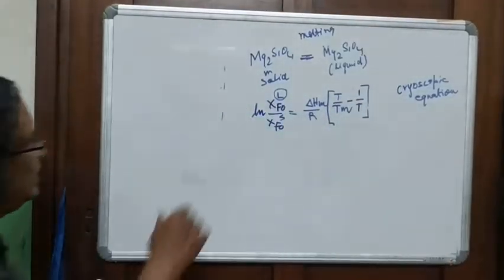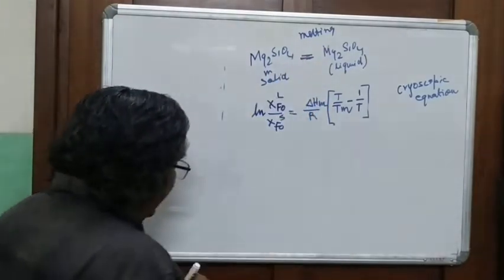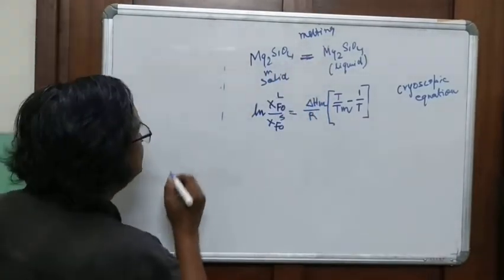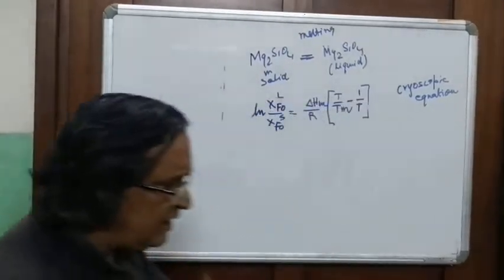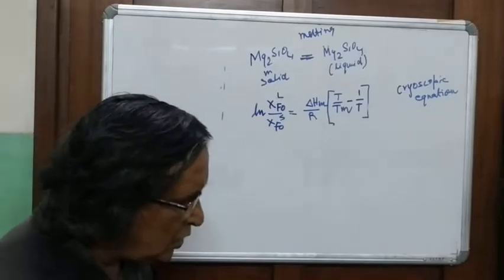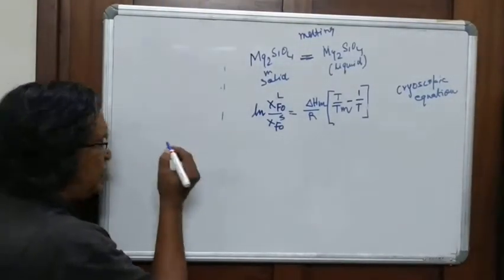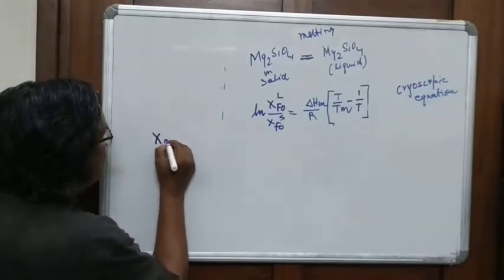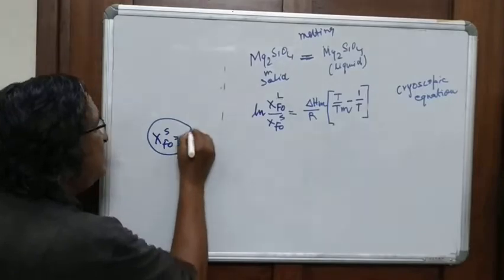Now, let us look at this equation. Before we start, we will assume, thermodynamically, let's say it's easier, X forsterite in solid equal to 1. What does this mean?